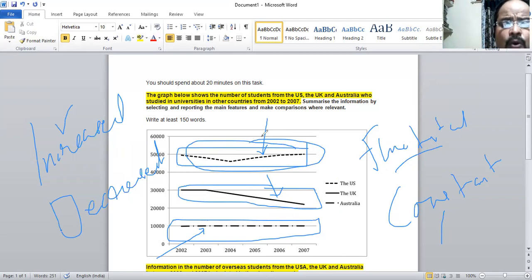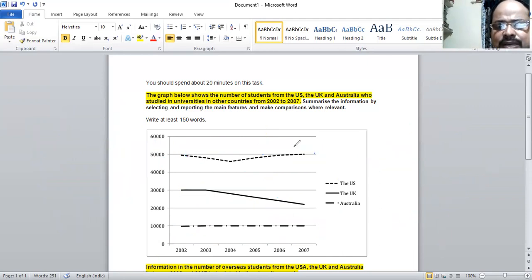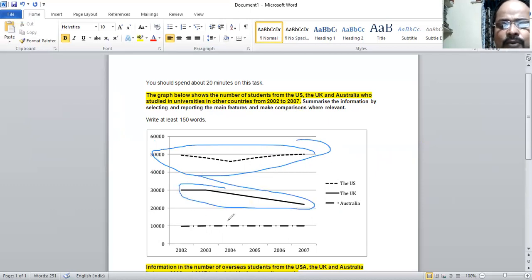Now we have three different trends from three different line graphs. One was fluctuating, one was almost declining, and there was no change in the other. So this is what we can say.